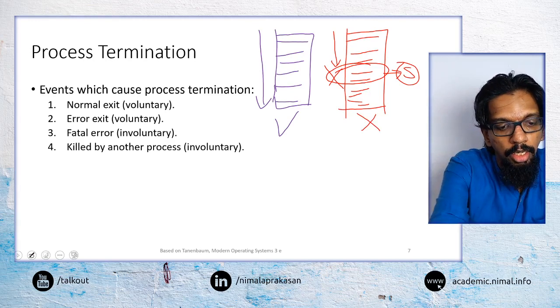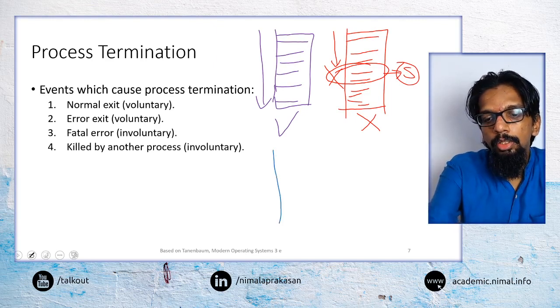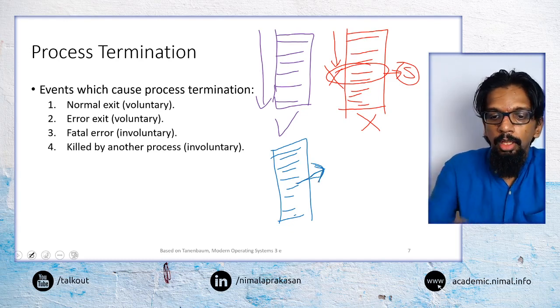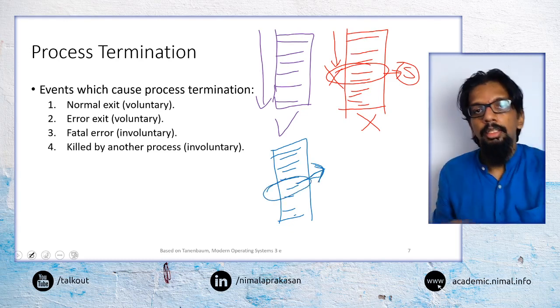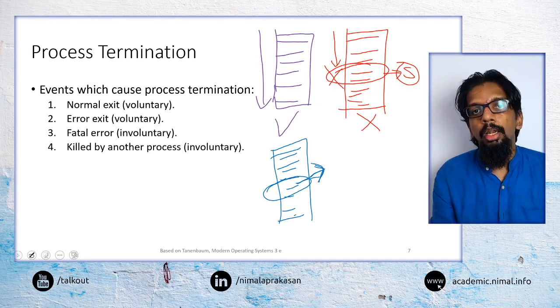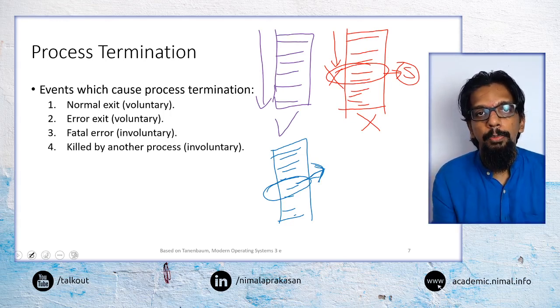Then the third category is what we would call a fatal error. So it is similar to an error exit scenario. Again, we are going through these instructions. We are trying to do something, reading a file or writing a file or whatever. But here the difference is, the programmer of that process or of the program has not written a condition to cater to that problem.